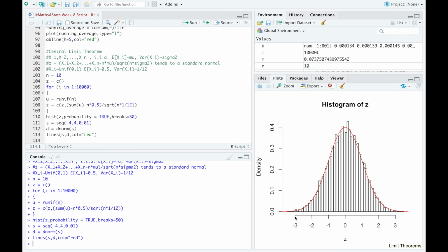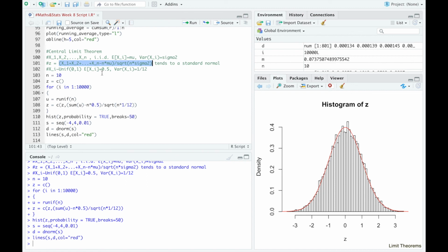To sum it up, the central limit theorem tells us that if we consider n IID random variables and we consider this particular transformation, x1 plus x2 up to xn minus n times the common mean divided by the square root of n times the variance, then this transformation will be distributed according to a standard normal distribution as n tends to infinity. With this particular simulation we have also seen something about the speed of convergence.